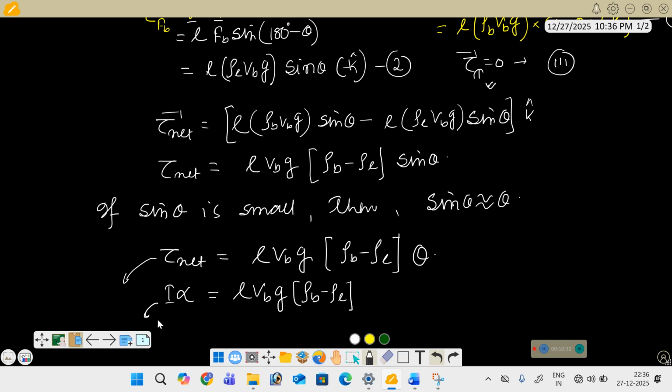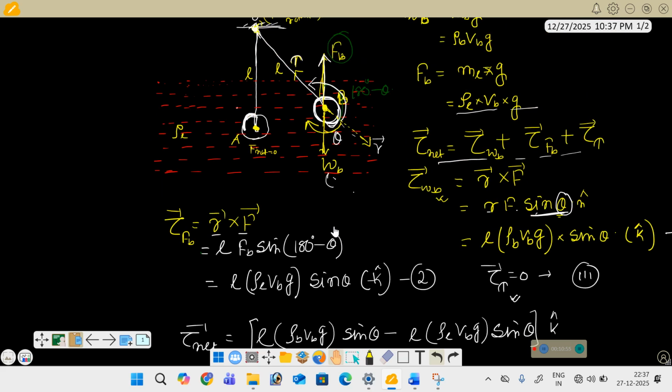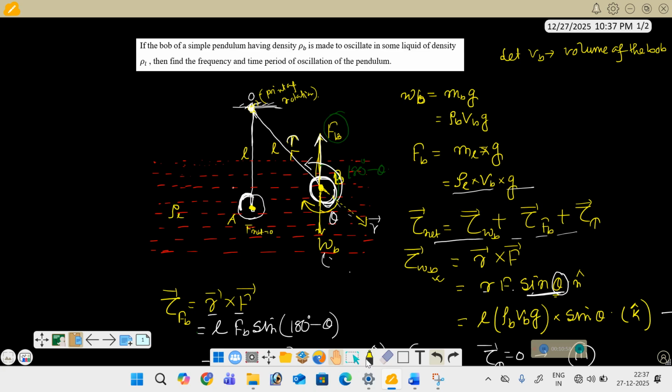But this I is your moment of inertia about the point of rotation, right? Now what will be the moment of inertia about this point of rotation? Mass of the bob is m.